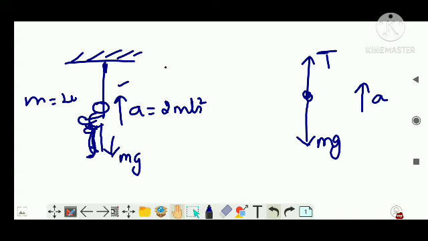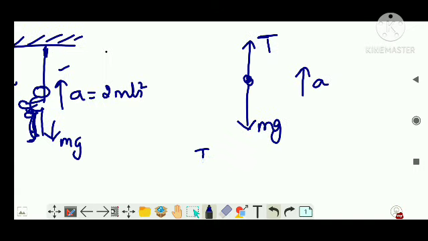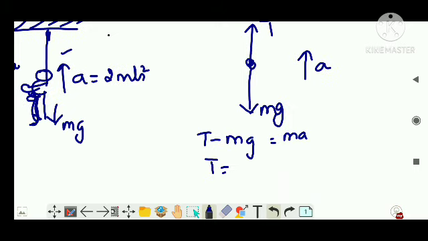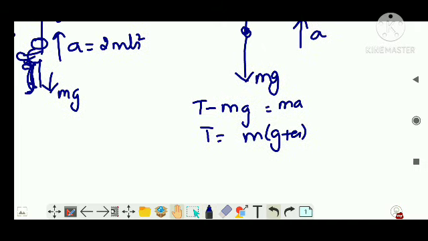In the acceleration direction there is tension, so you would write T minus mg is equal to ma, that is, T is equal to m into (g plus a), just like the lift going up. Mass is 20, g is 10, acceleration is 2, so you will find it as 240 Newton.